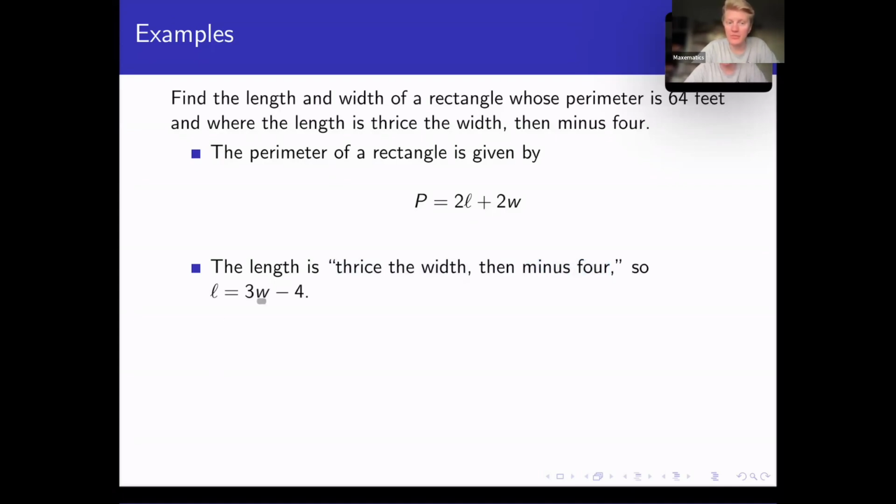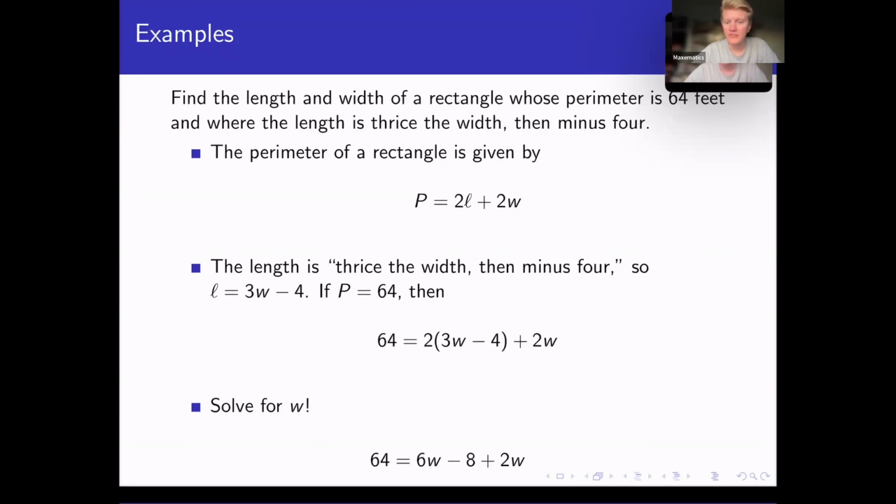So 3W minus 4. Well, if P is 64, then let's plug in everything we know into this equation. P is 64, L is 3W minus 4, and now it's a linear equation for us to solve for W.